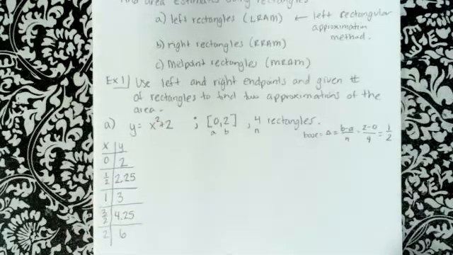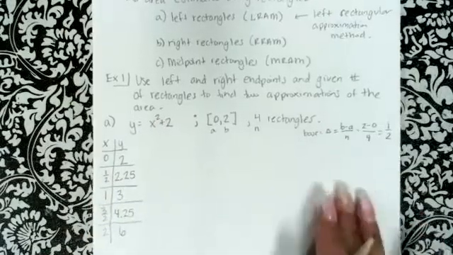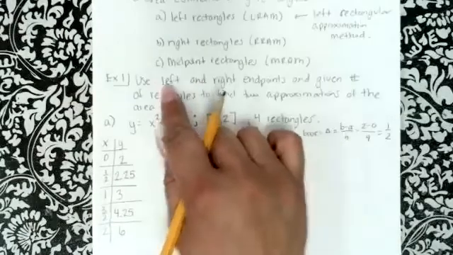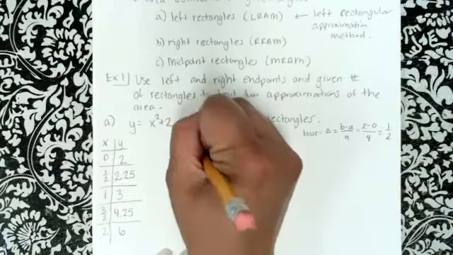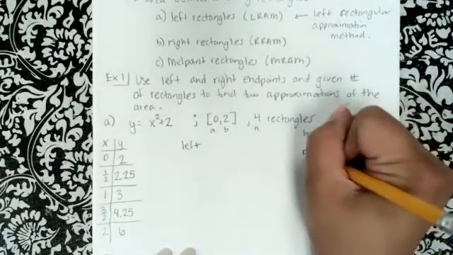So this is what our graph looks like. I'm going to actually graph it 2 times because I'm going to do the left-hand rectangles and the right-hand rectangles. So on this side, I'll do the left. And on this side, I'll do the right.